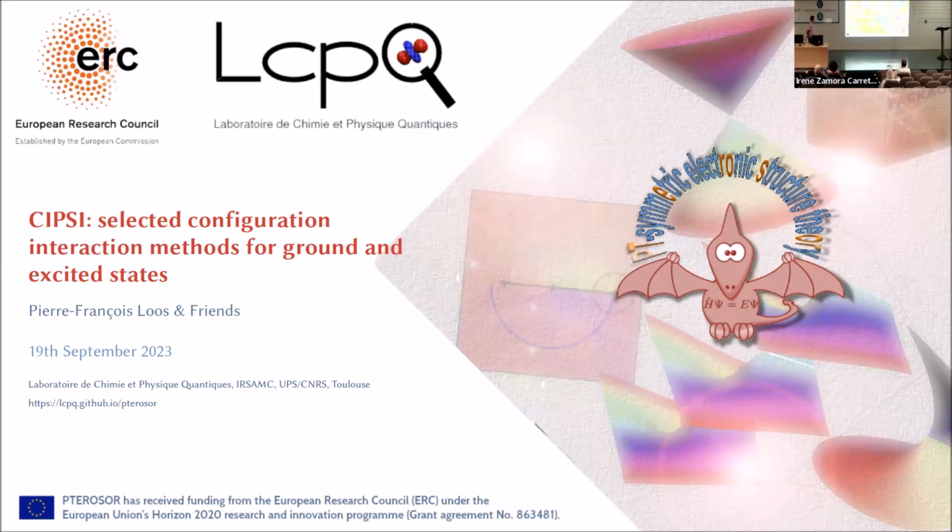Then he moved to Australia, to the Australian National University in Canberra, where he was a postdoc for 4 years with Peter Gill, and then he started his own group. He was there for about 5 years, and then he came back to Europe, to Toulouse, where he also got a consolidator ERC in 2019. So he's going to tell us a lot about selected configuration interaction methods for ground and excited states. So thank you very much, Pierre.